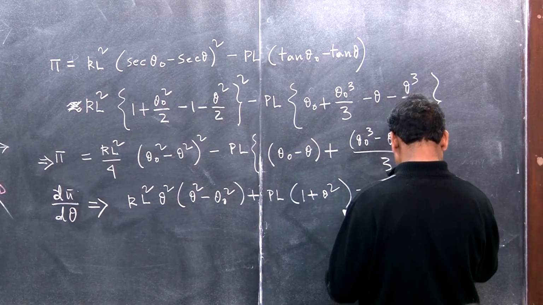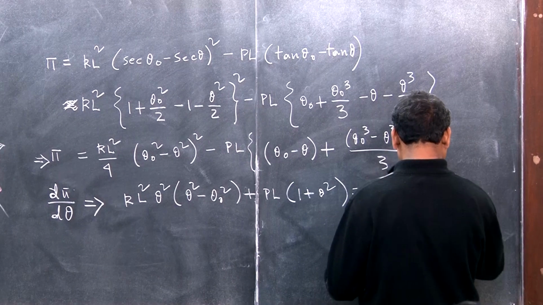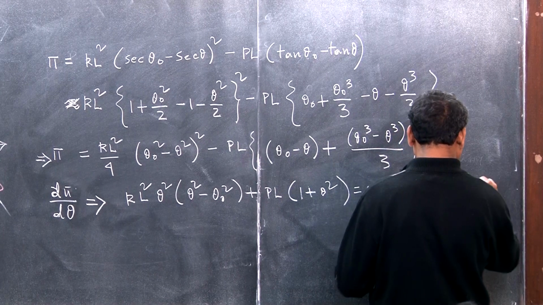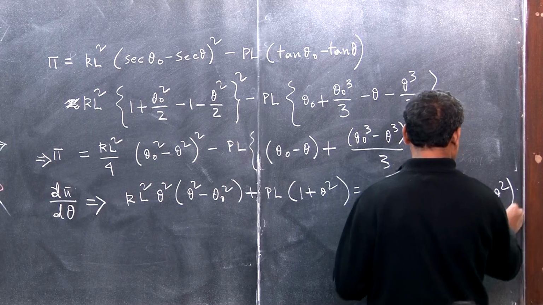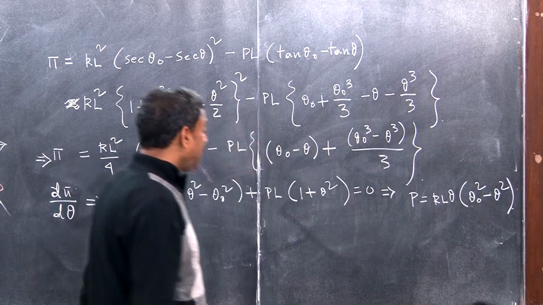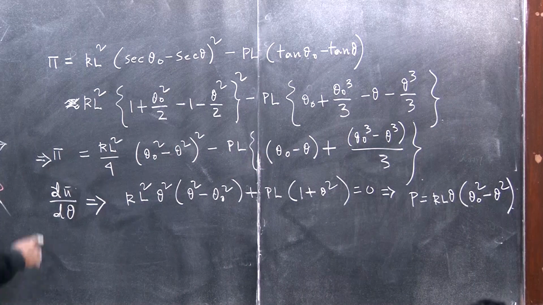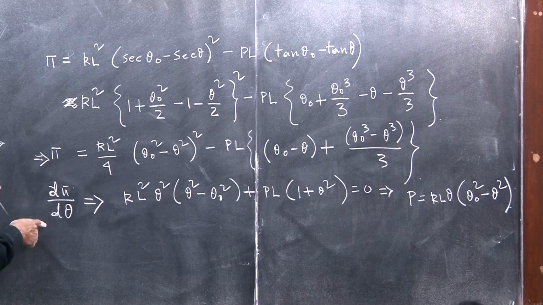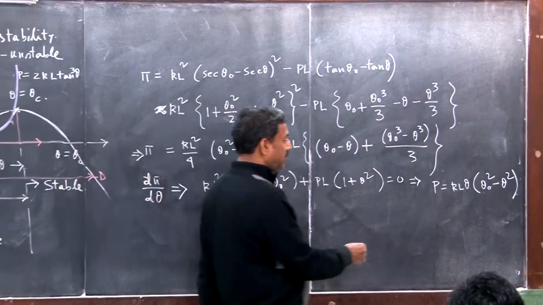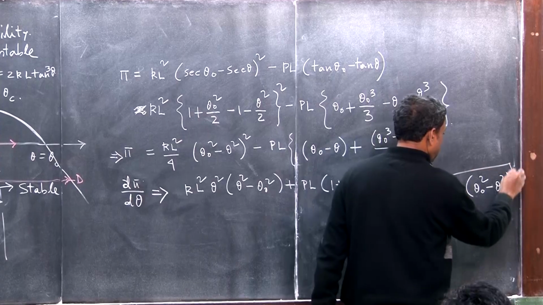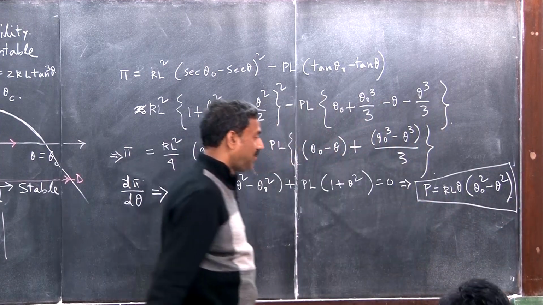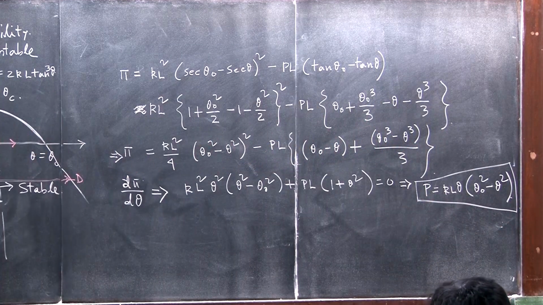So the equilibrium path P is nothing but k L theta 0 square minus theta square over 1 plus theta square. We have obtained the equilibrium path from the minimization of potential energy. Let us see what we will lose.